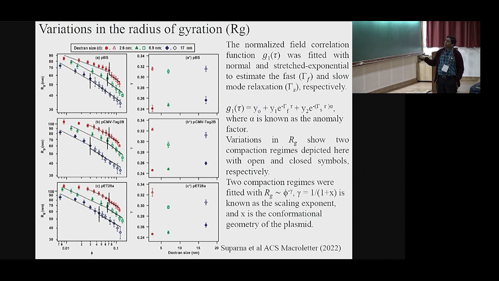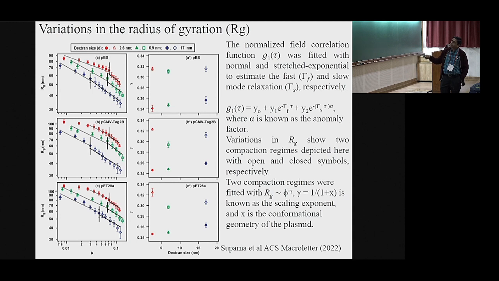What we are showing here is three different plasmids. This is PBS and this is PCMB, with different molecular weights and numbers of base pairs. You can see when you increase the volume fraction of the crowder, there is a blue shift here.